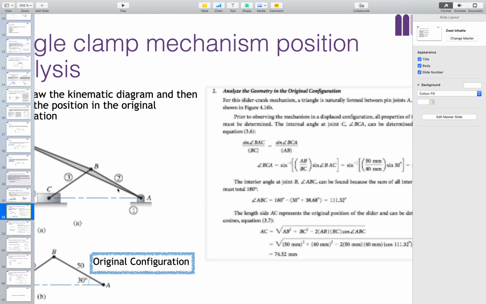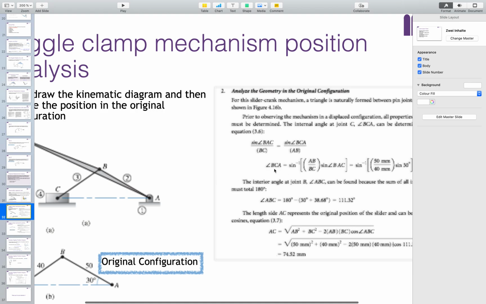The sine of this angle divided by BC is equal to the sine of BCA divided by AB. This is a known trigonometric law. If I have 3 knowns and 1 unknown, then I can solve this formula. So let's start with BCA.